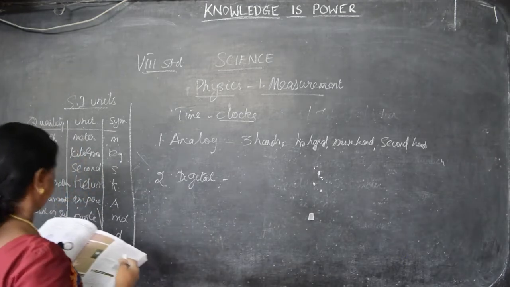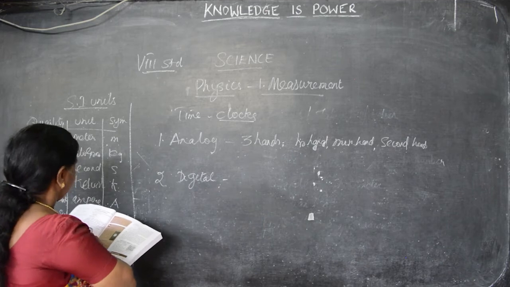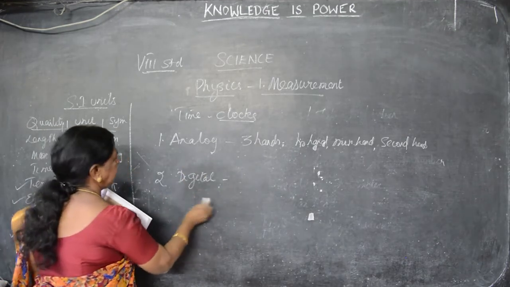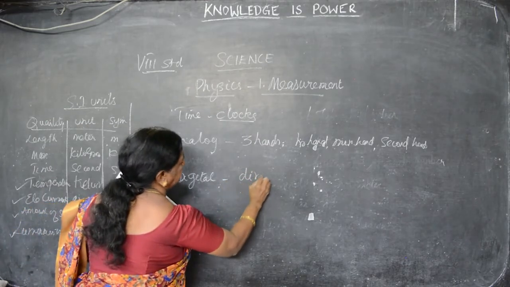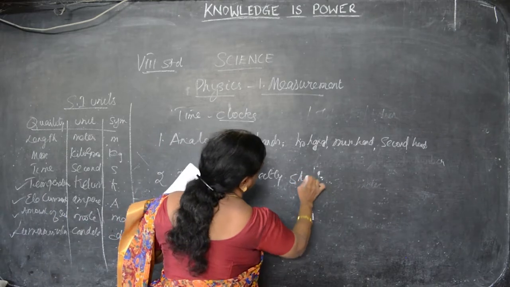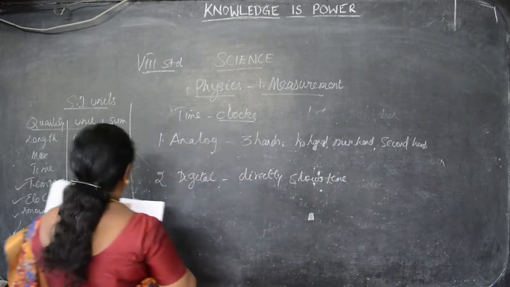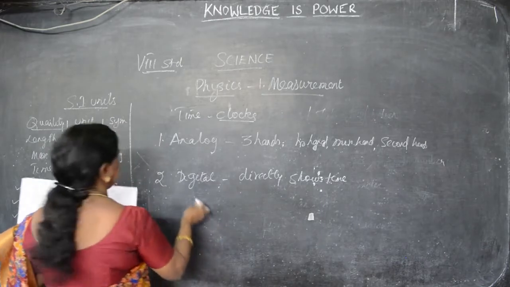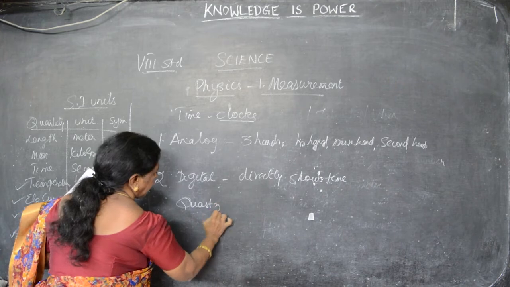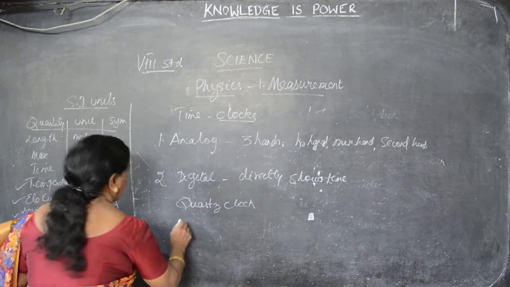Further, analog and digital are divided based on appearance. Based on the working mechanism, clocks can be divided into quartz clock and atomic clock.